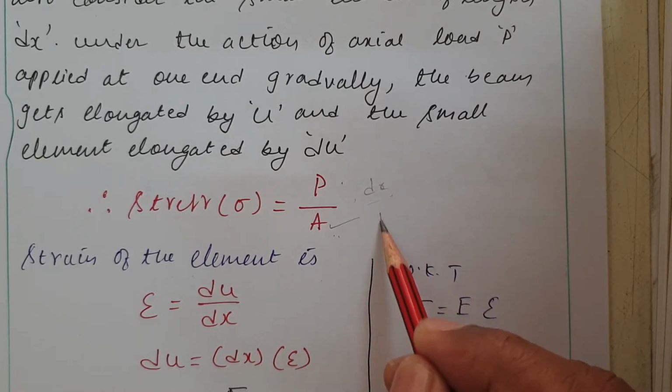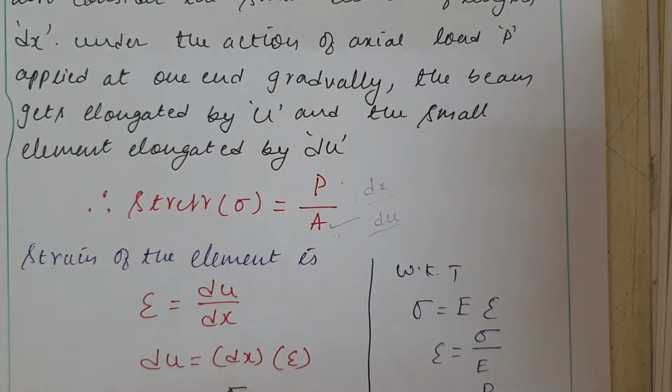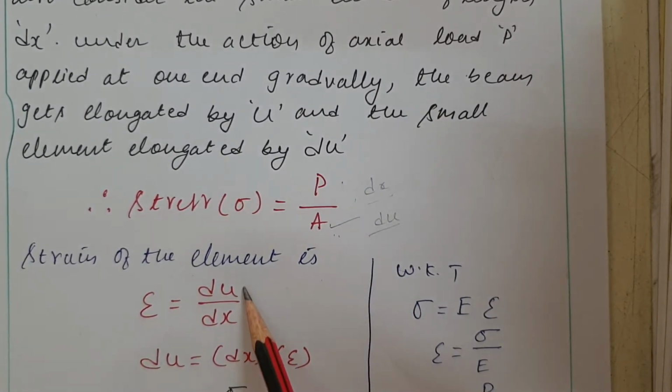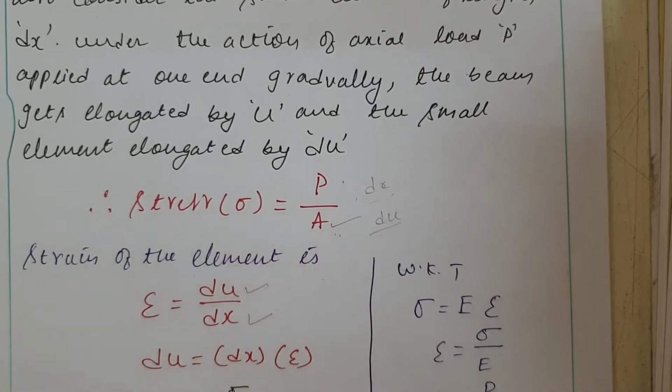Dx is the length of the element, du is the elongation of the element. Then strain will be given by change in length divided by original length. So change in length is du and original length is dx.